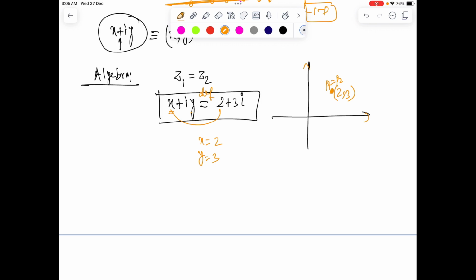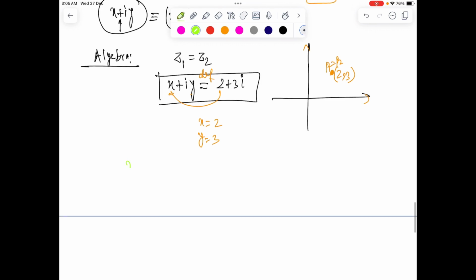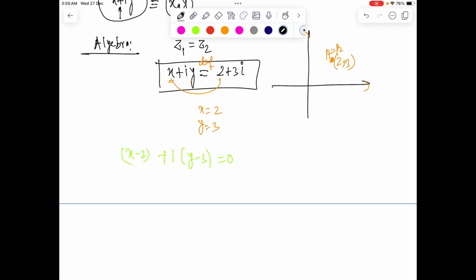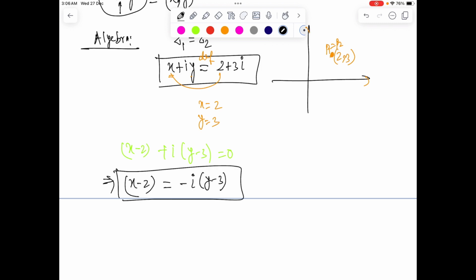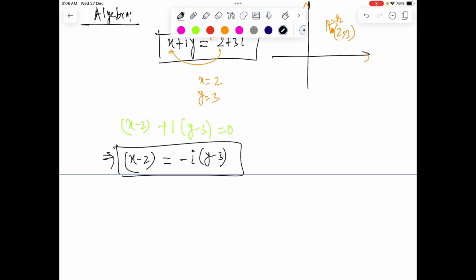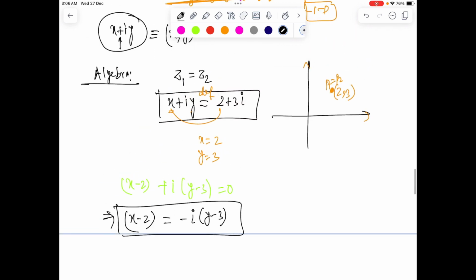Again, the motivation for this definition is quite natural, because you can take even x minus 2 plus i times y minus 3 equals 0, right? Or I can write it as x minus 2 equals minus i times y minus 3. Although right now I have not defined how to multiply it, you can see that the complex number was a natural extension of the real number system to a new dimension.